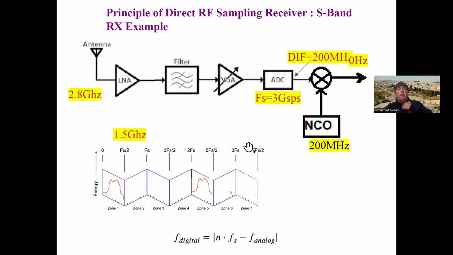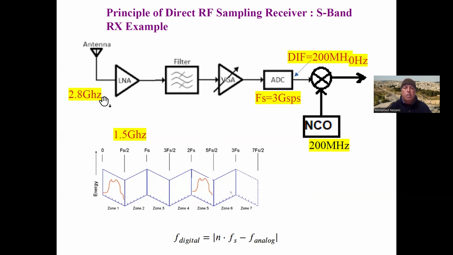So today, let's look at one of the examples. If you have a 2800 megahertz signal that you're receiving on an antenna, and you have an ADC running at 3 gigasamples per second, we can work out in the next session the details of the design of this chain.